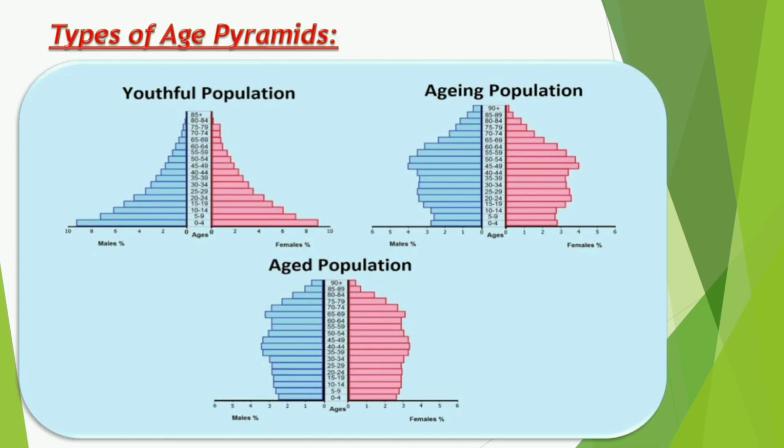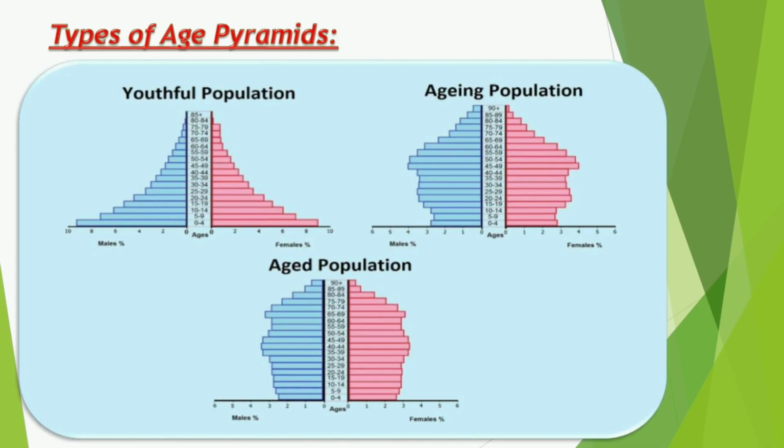The second pyramid is the aging population. Here, the base is not as wide, meaning fewer children are being born, but the middle portion from age 20 to 60 is quite broad. This shows that the country has a declining birth rate, low death rates, better healthcare, and longer life expectancy.